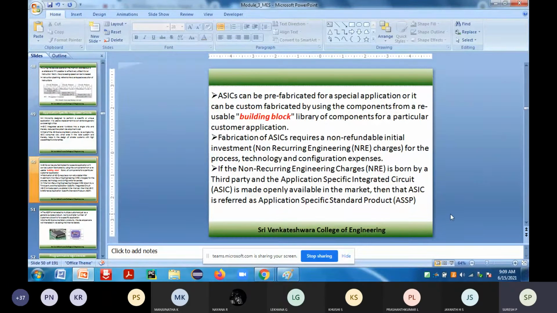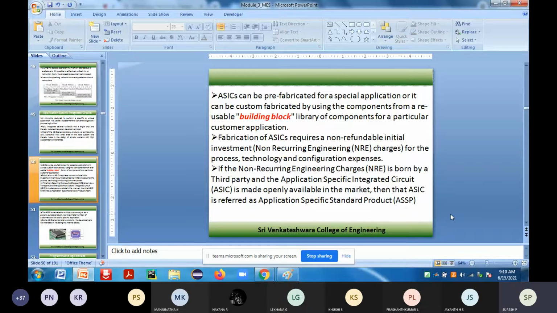ASICs can be prefabricated for a special application. That means whenever you are designing an application specific integrated circuit, fabrication means you build a chip after embedding the program into that particular chip. First, you are going to program the chip. After programming it, you embed that particular application inside that chip.